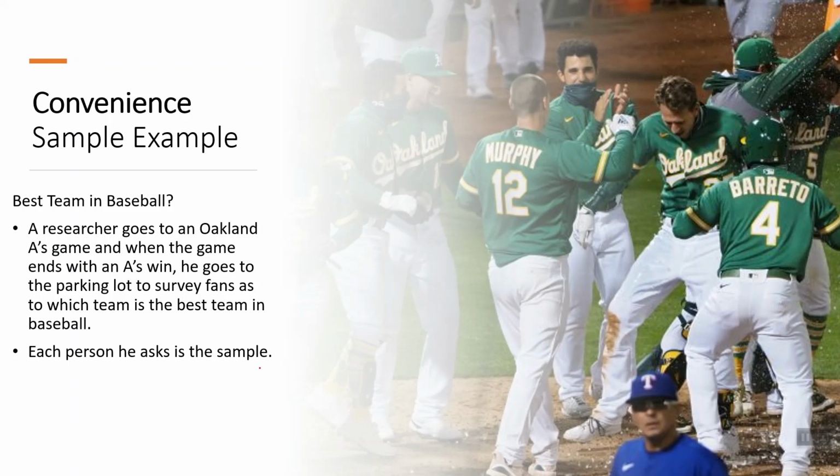Each person he asks is the sample. Well, the A's just won. These guys are A's fans in the A's parking lot. Obviously, they're going to say that the A's are the best team in baseball. Is that true? I don't know. Probably not right now because I think they're out of it. But that's convenient for the researcher because they're at the A's game. So that's not going to be something he wants to do. We're going to get bad results there.